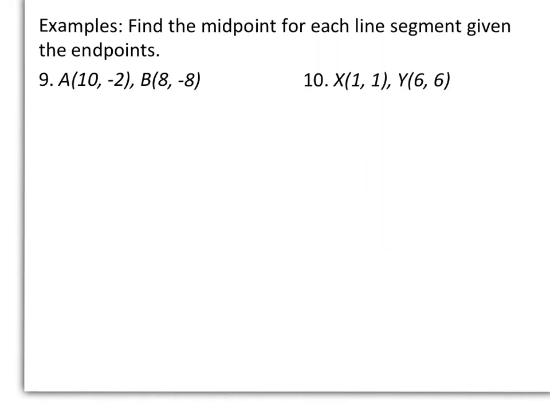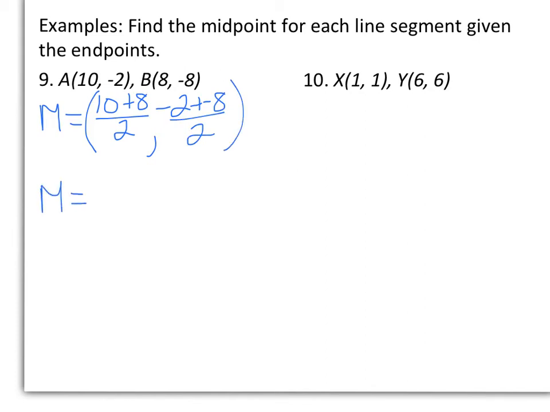All right, let's look at 2 examples where we want to find the midpoint for each line segment given the endpoints. So remembering our formula for midpoint, we're going to take the sum of our x values divided by 2. So I can take 10 plus 8 divide by 2, then comma, sum of the y values divide by 2.